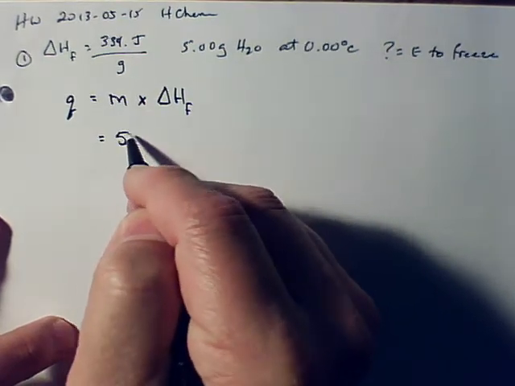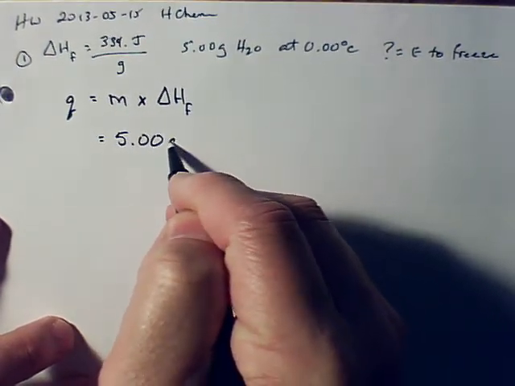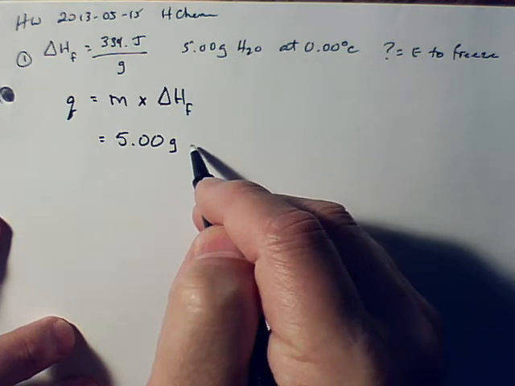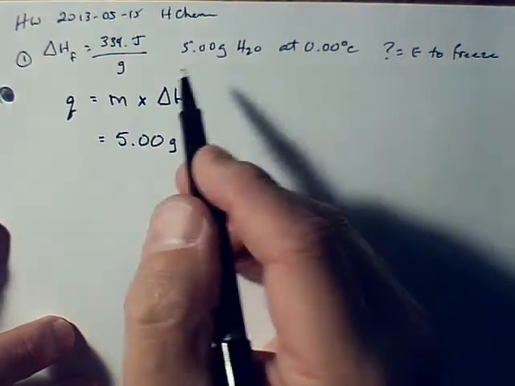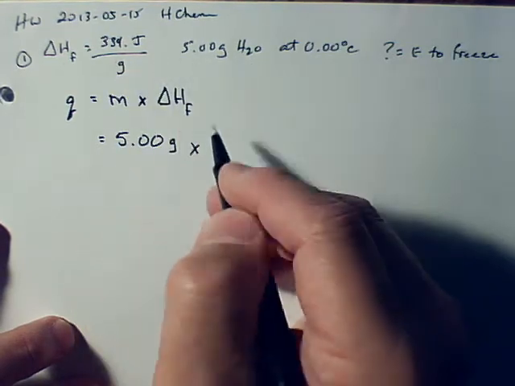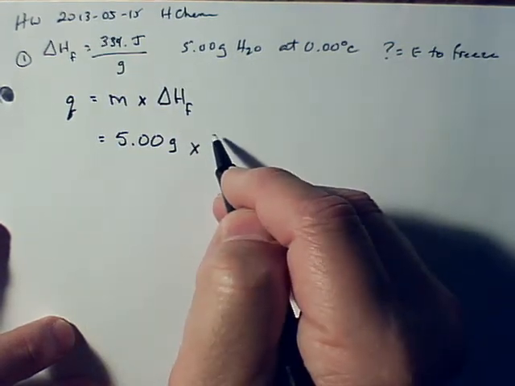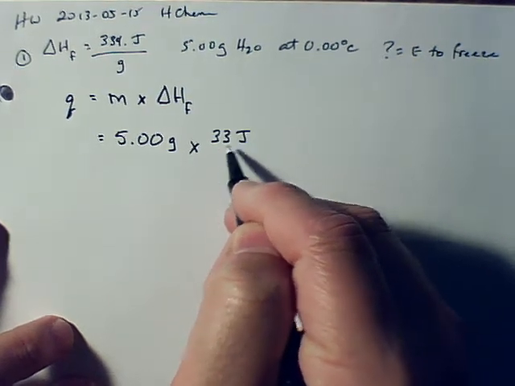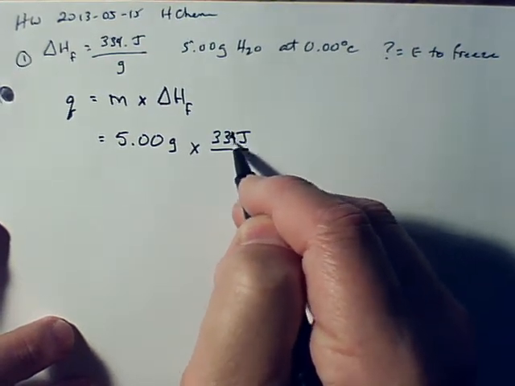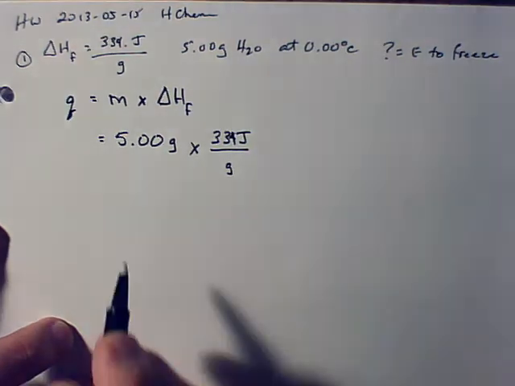We have 5 grams of material, and this is water we're doing here, which has an enthalpy of fusion of 334 joules per gram.